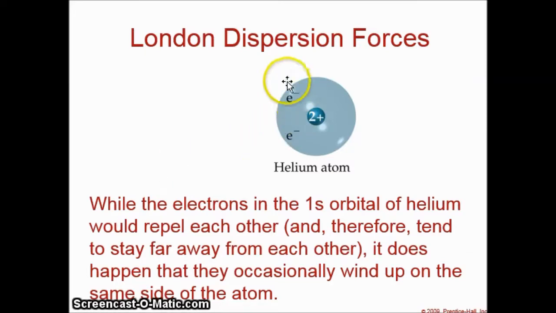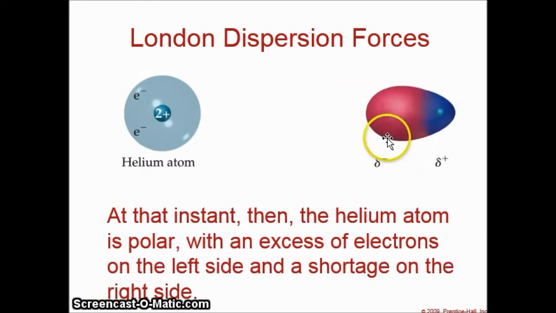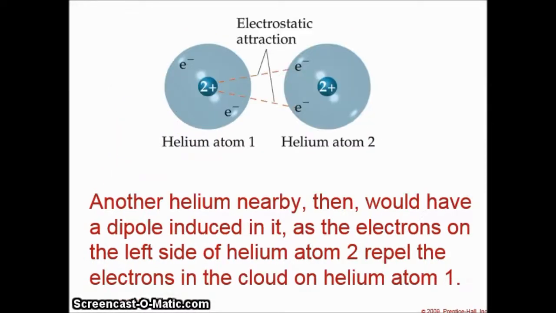It means that these electrons are moving around the atom, and at a very small instant they may be on the same side of the atom, making the atom look polar, because the electrons just so happen to be on this side of the atom, giving it a dipole, a positive side and a negative side.